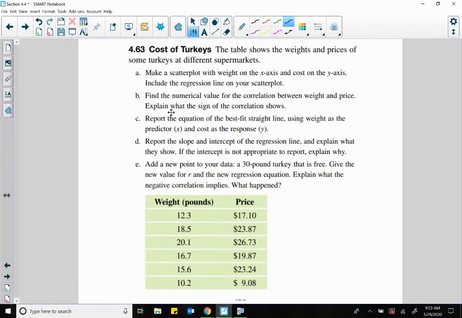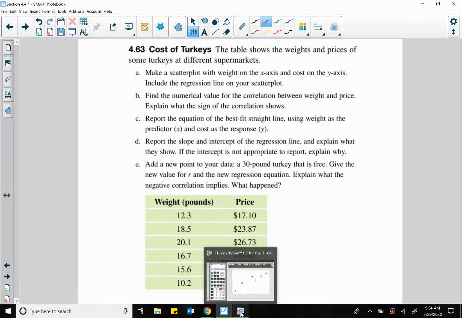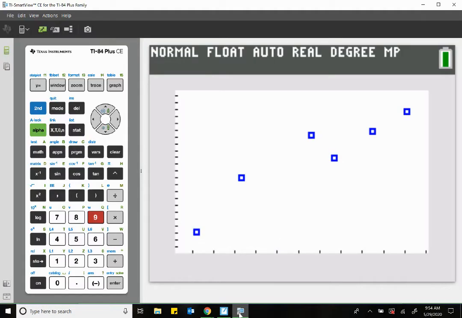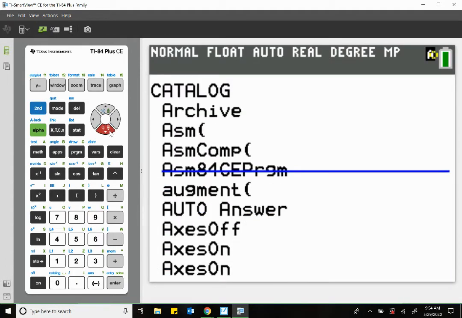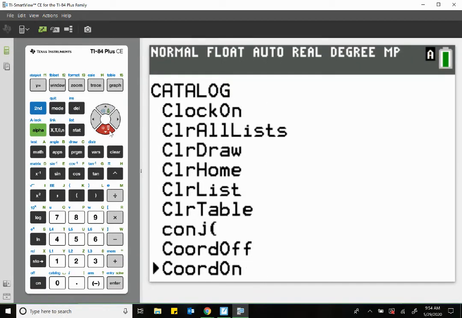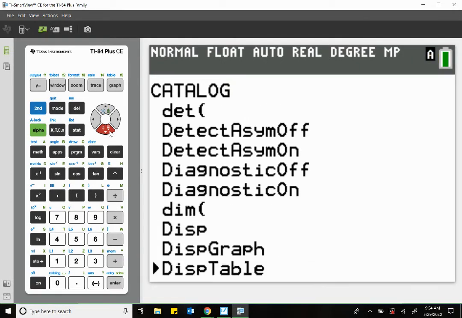So it says find the numerical value for the correlation between weight and price, so the correlation coefficient, and then explain what the sign of the correlation shows. Okay, easy peasy. So remember when you do this to find that correlation coefficient, make sure that you hit second 0 and make sure that you've turned diagnostic on.